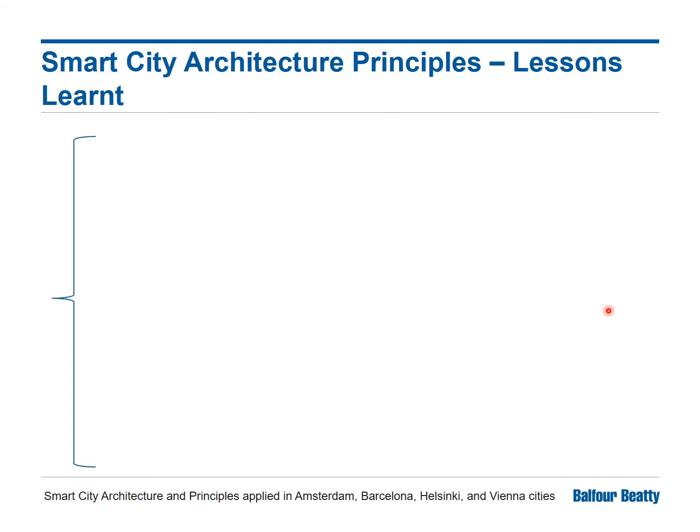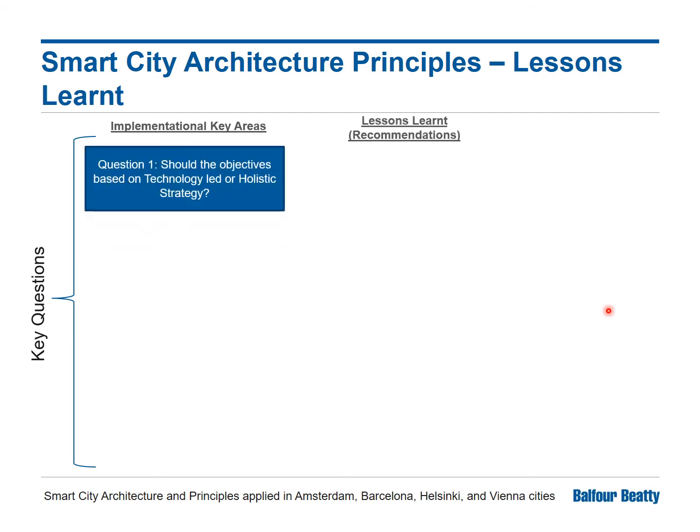Now, once this architecture was applied in Amsterdam, Barcelona, Helsinki, and Vienna, they made some recommendations after this study, and all those recommendations are related to some key questions. Question number 1 is, should the objectives be based on the technology, or should it be a holistic strategy?